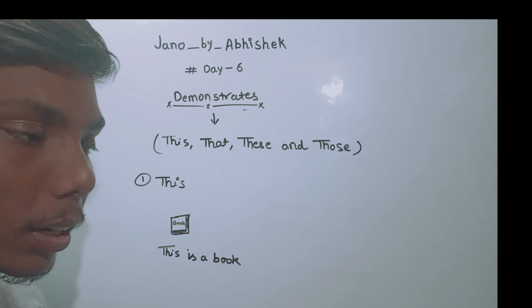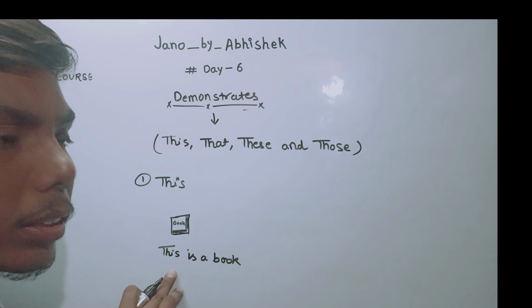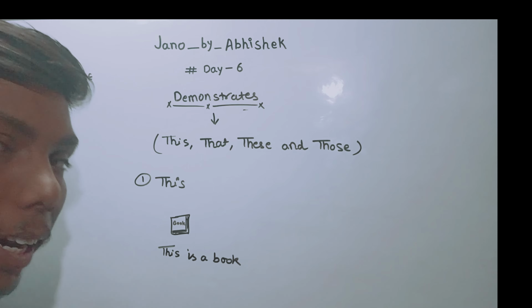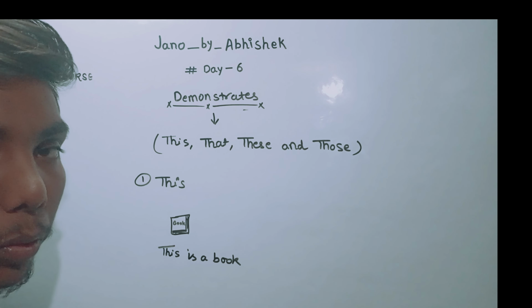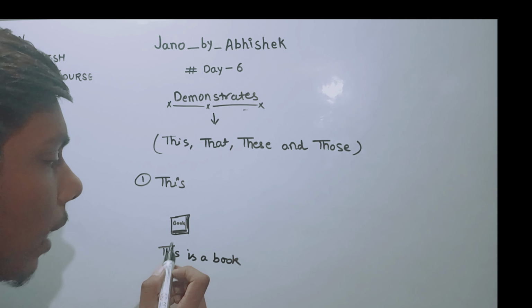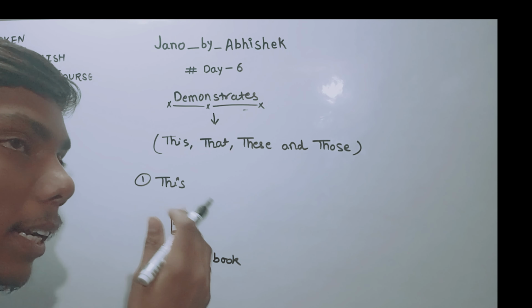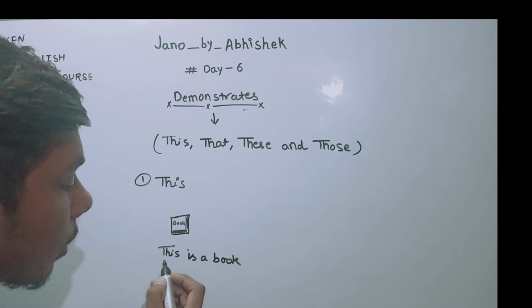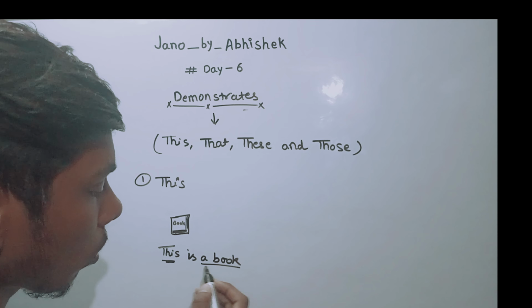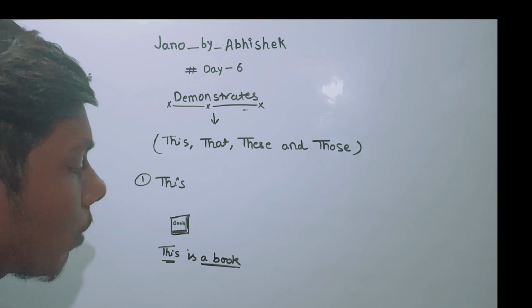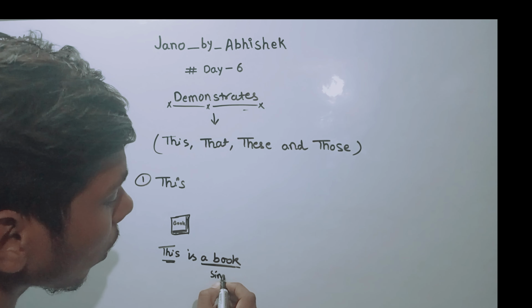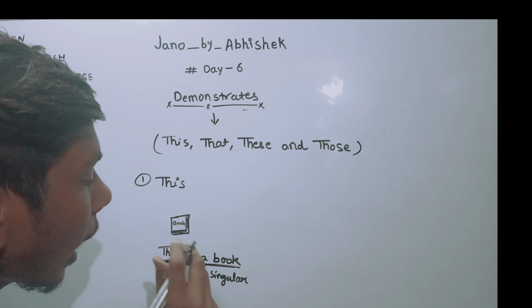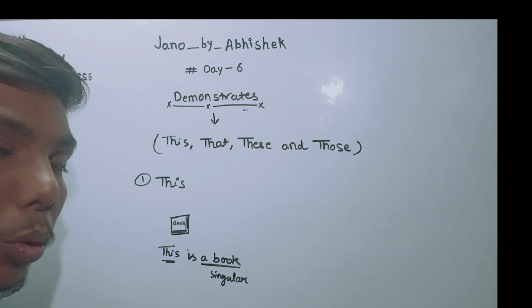If something is near around me, then I will say this is a book. It is near and singular. As you can see, it is singular and it is near to me, so I will say this is a book. A book means it is singular and it is near around me, that's why I'm using this.